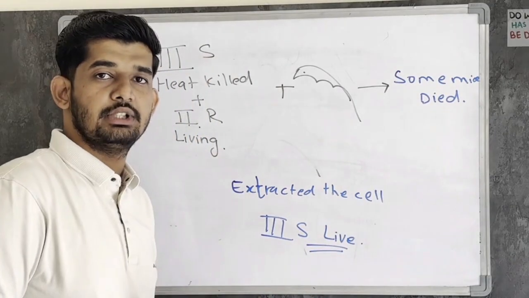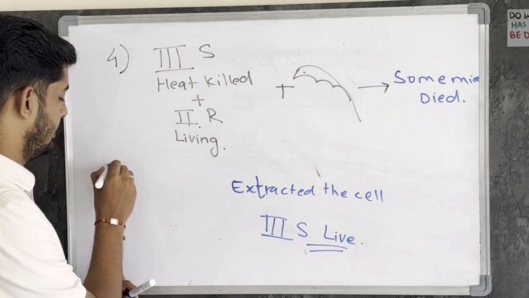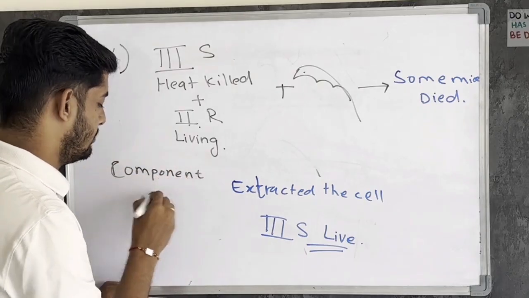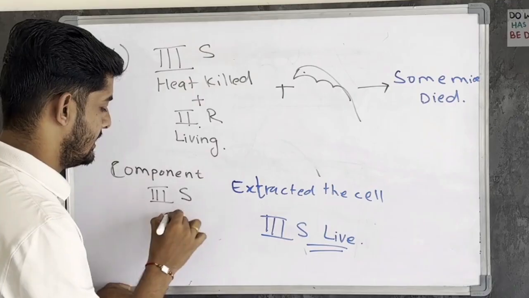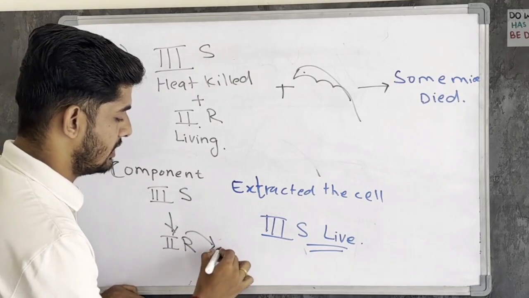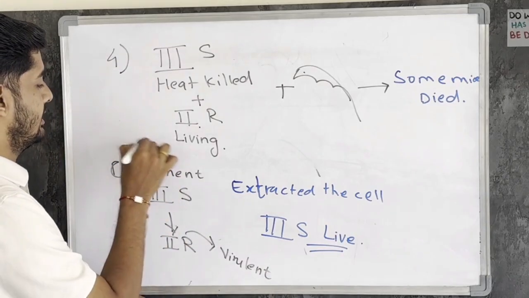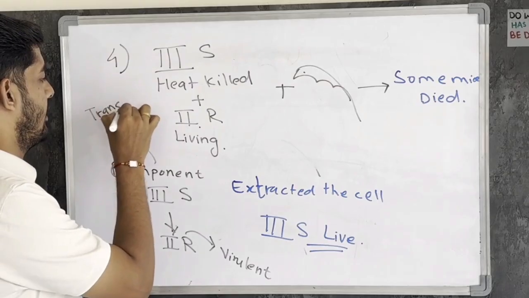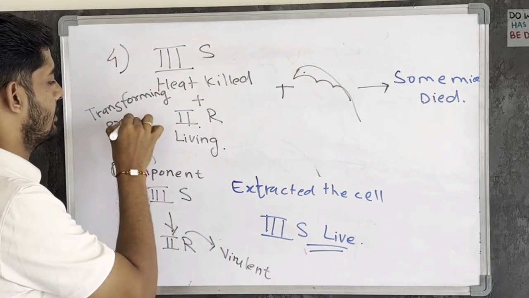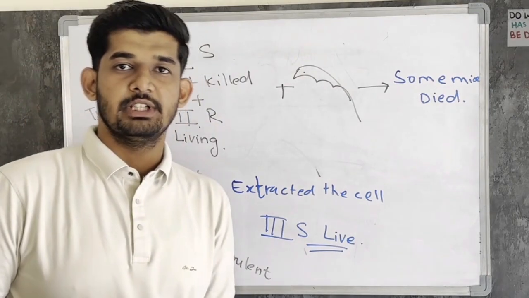So what Griffith concluded is that there is one component from 3S that transformed the bacteria 2R, which made this 2R virulent. And he named this component the transforming principle. And he concluded his experiment.